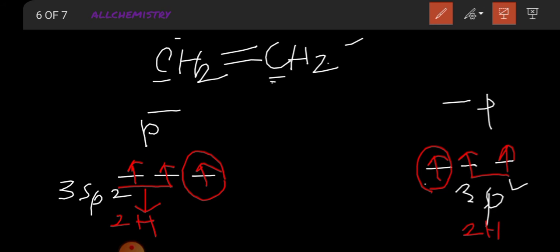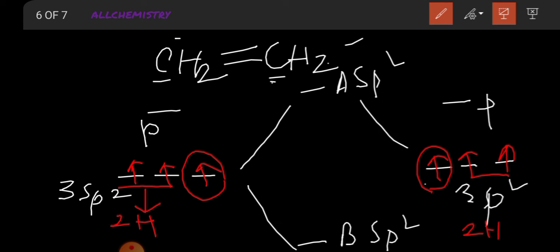Now 1 sp2 and 1 sp2 give 1 bonding and 1 anti-bonding: bonding sp2, anti-bonding sp2. Now the p orbitals will give 1 pi bonding and 1 pi anti-bonding.